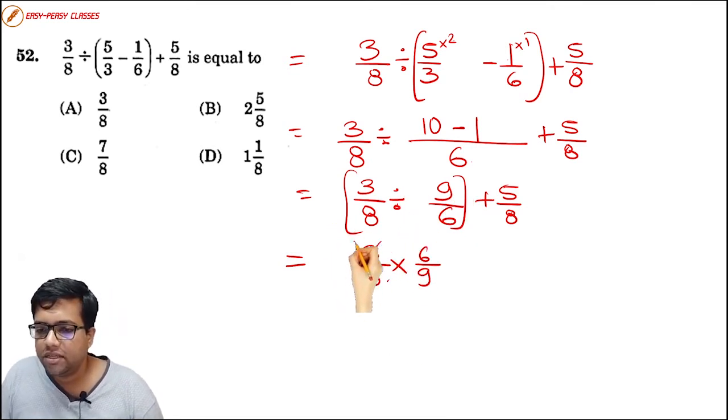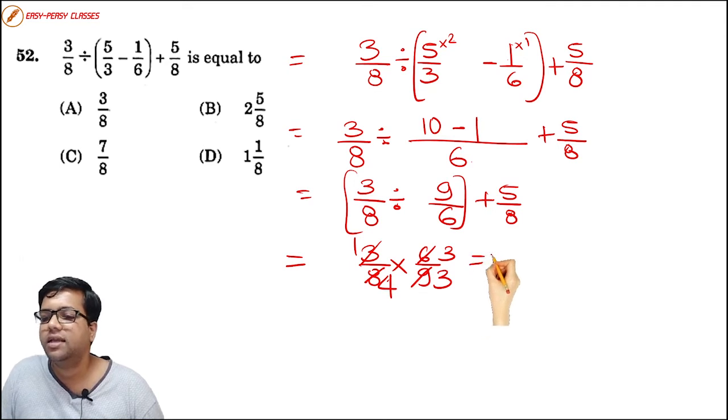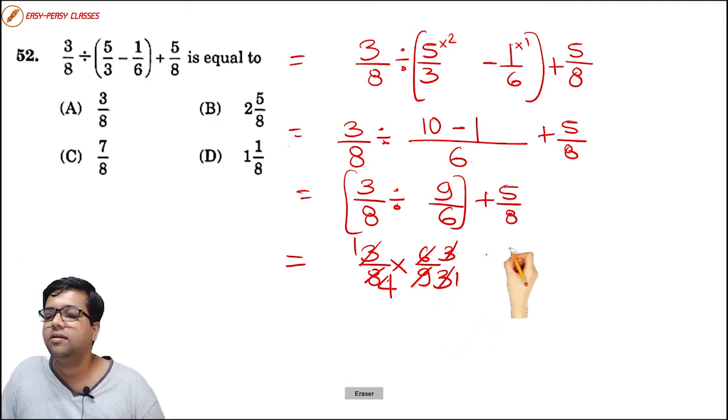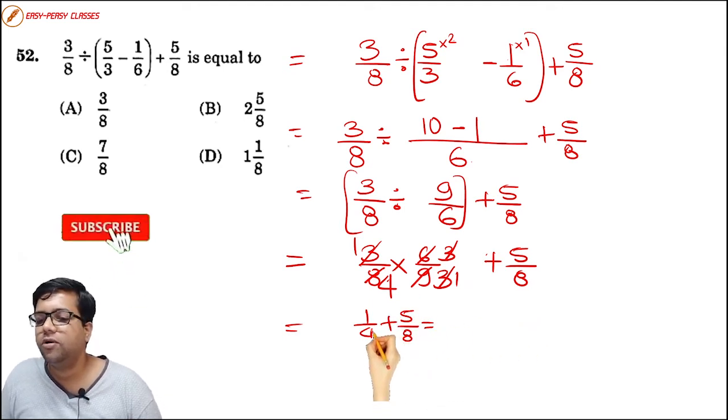Fine. 3 1s are 3, 3 3s are 9, 2 3s are 6, 2 4s are 8. See, you can cancel it here itself. 3 1s are 3, 3 1s are 3. Okay, plus what you have in the further 5 by 8. So you are left with 1 by 4 plus 5 by 8. What is the LCM of 4 and 5?